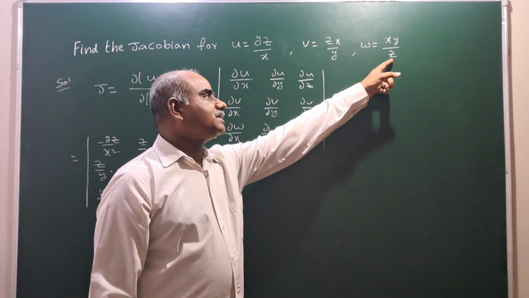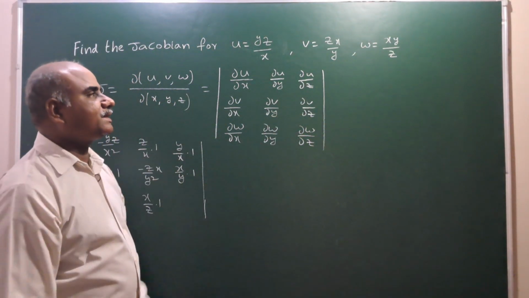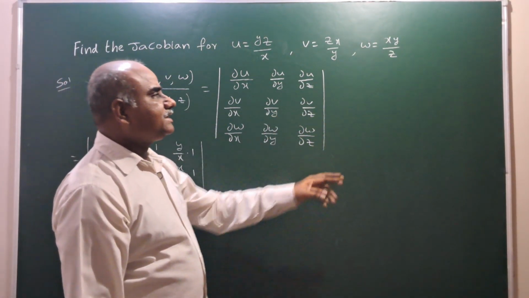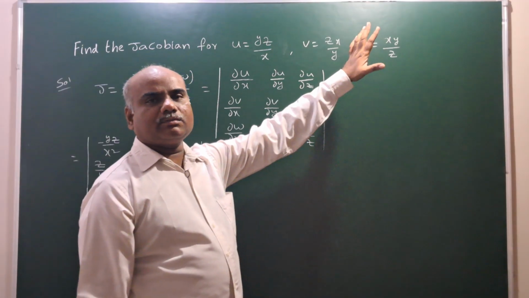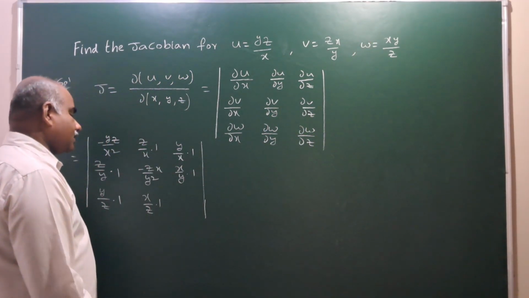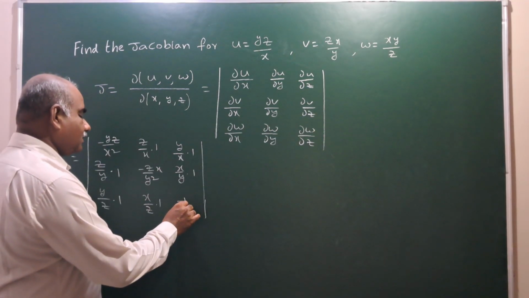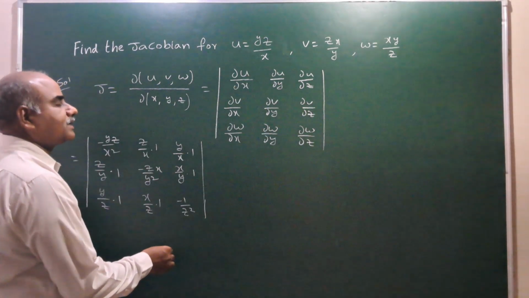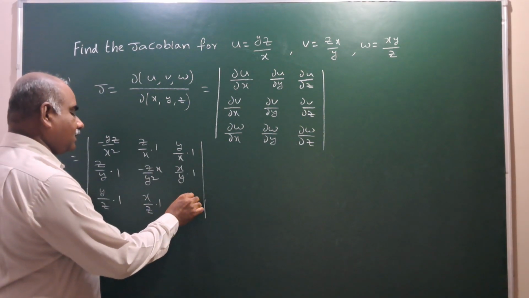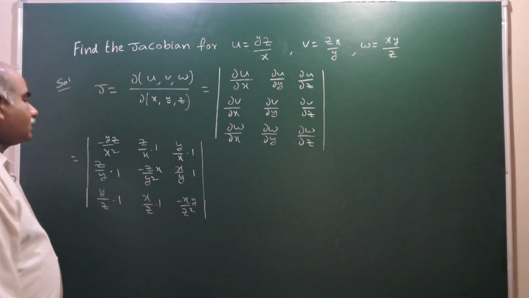Now in this case z is in the denominator, so treat xy as constant. Z in the denominator means our function is 1 by z. Okay. So the derivative of 1 by z is minus 1 by z square, and xy is there. So totally this is minus xy by z square. Okay.